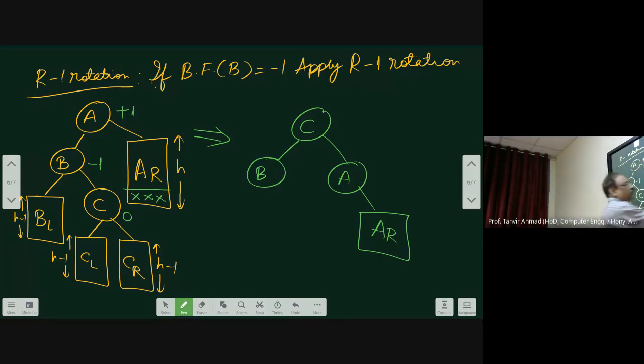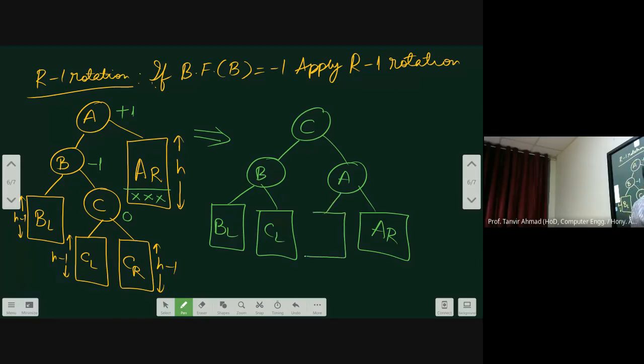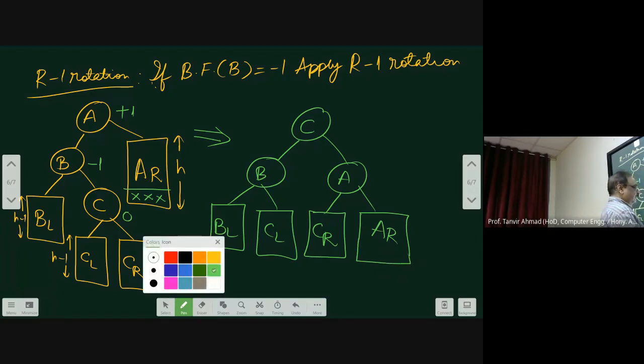And then you will get BL over here, CL over here, and CR over here. And you will find that all of them are at the same level.